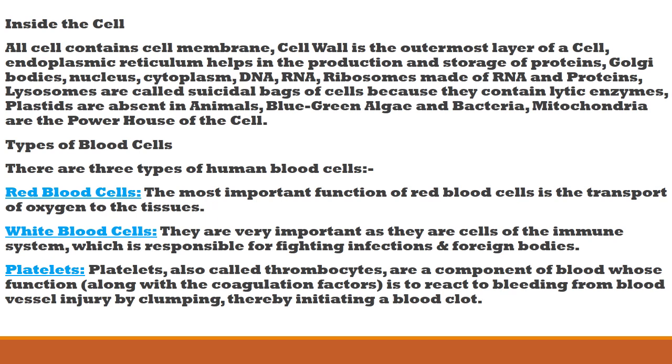Platelets, also called thrombocytes, are a component of blood whose function, along with the coagulation factors, is to react to bleeding from blood vessels and injury by clumping, thereby initiating a blood clot.